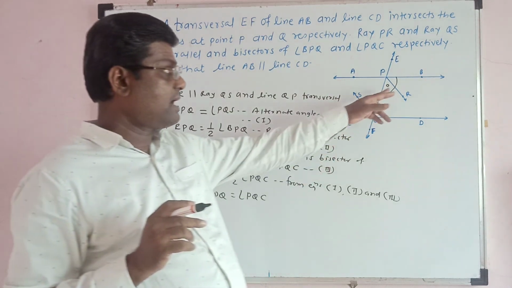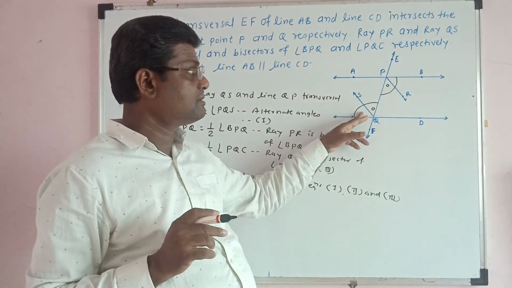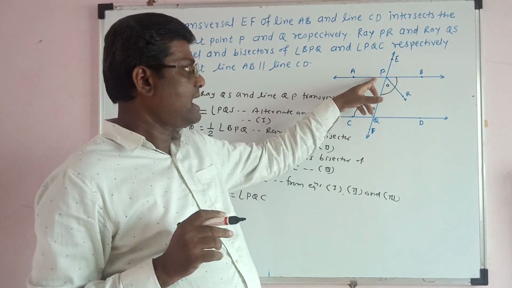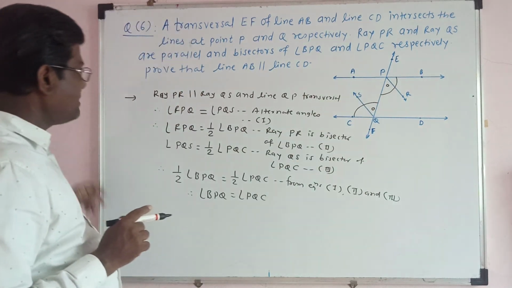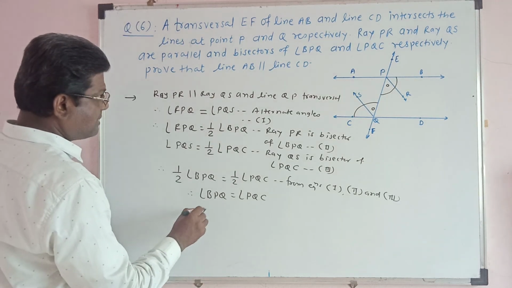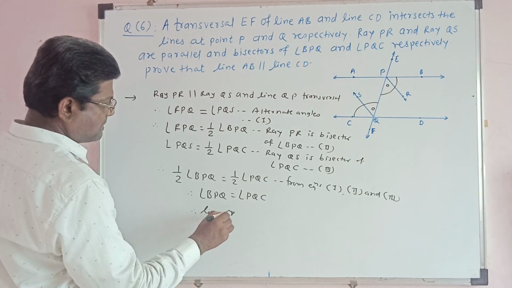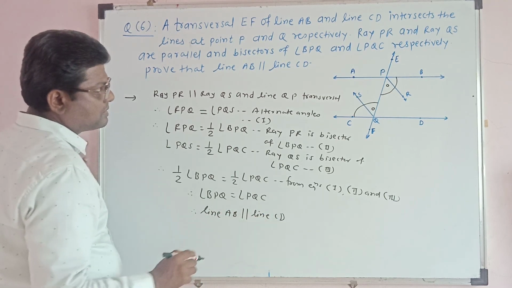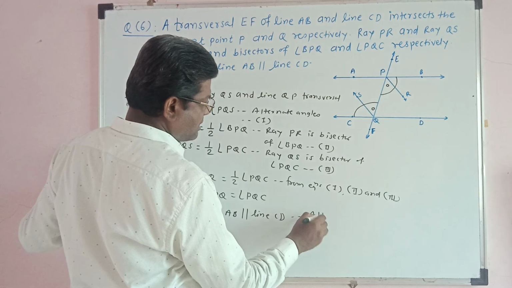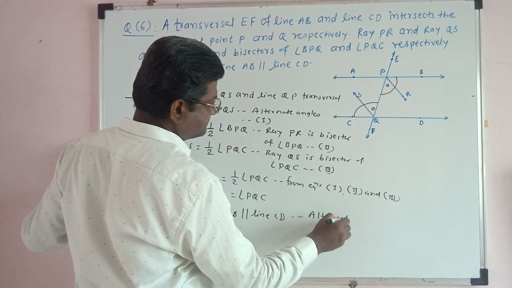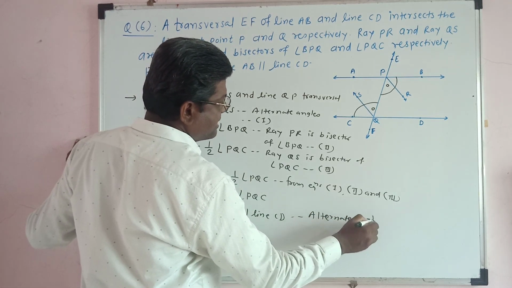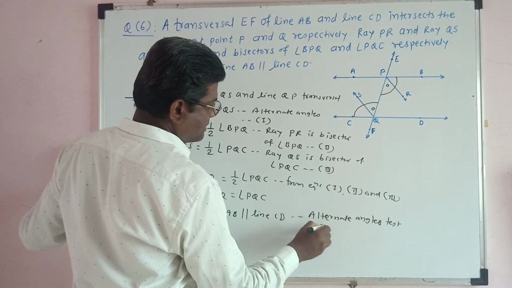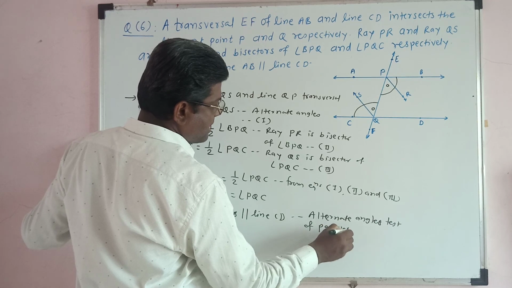And now these two angles are also alternate angles. So according to the alternate angle test of parallel lines, line AB parallel to line CD. Therefore, we write line AB parallel line CD. This is according to alternate angles test of parallel lines.